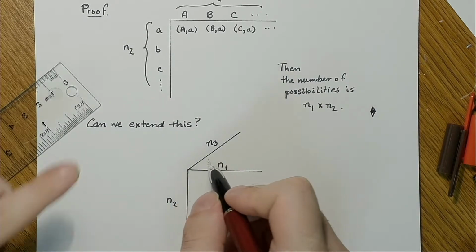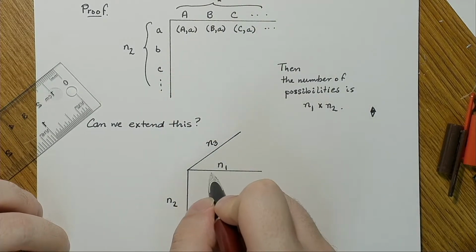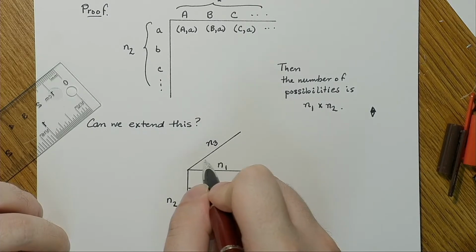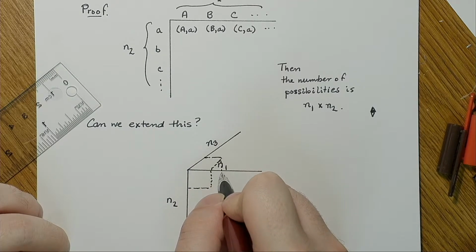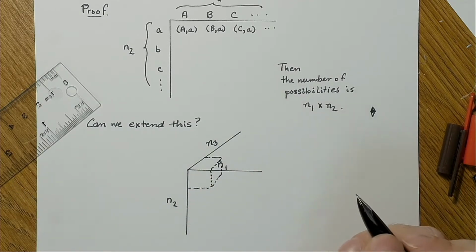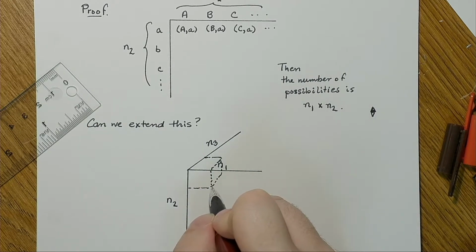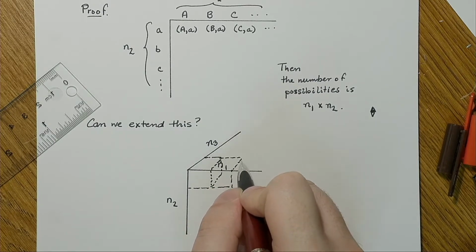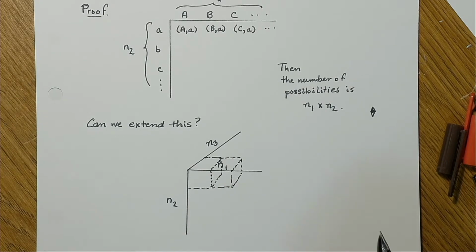So now instead of working with little cells like we would have in a spreadsheet, now we're kind of working with these ideas of cubes. So that would be one possibility, and then here's another one, so on and so forth. So yes.